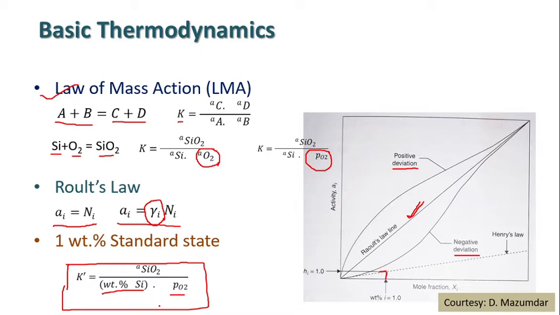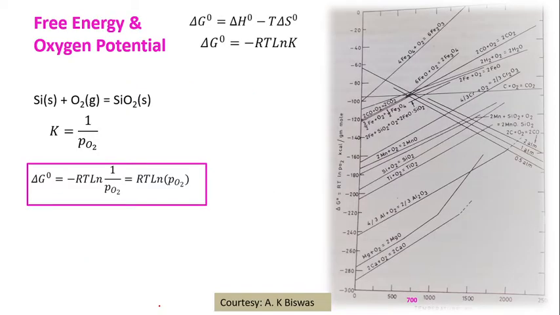Then, the free energy and the oxygen potential. We know that the standard free energy change in a chemical reaction is expressed as del G naught equal to del H naught minus T del S naught, or this del G naught can be written as minus RT ln K, where K is the equilibrium constant, as we have studied earlier.